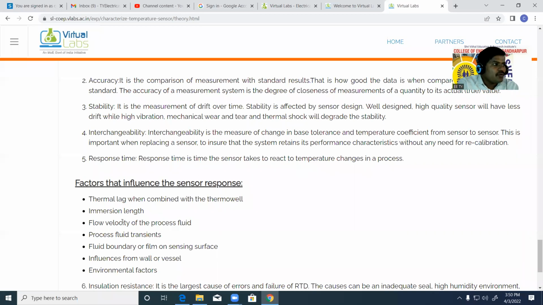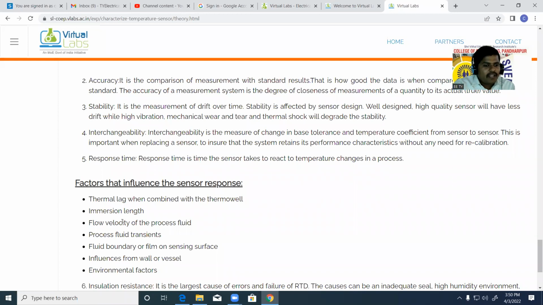Suppose we want to measure the temperature of any liquid or fluid material when it is flowing at high velocity, right? That means it also depends upon the flow. Again, process fluid transient, is there any transient in the process fluid?